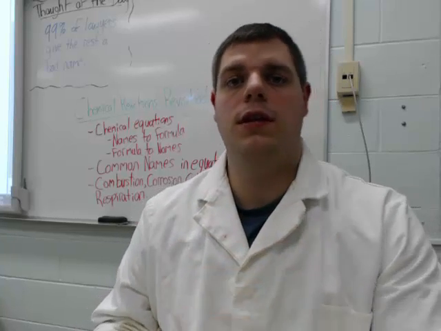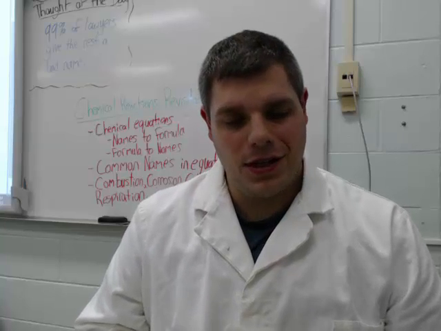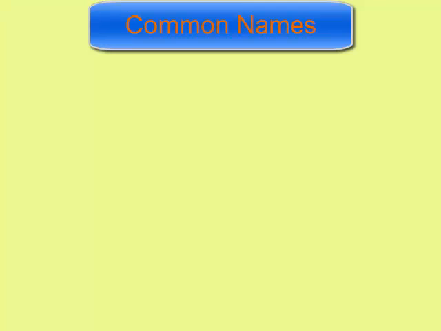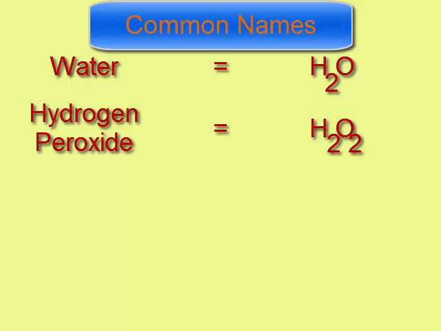So there's a few chemicals that you need to memorize. Unfortunately, you need to know what's called their common names. A few of the ones that you need to know: water as H2O. You need to know hydrogen peroxide as H2O2. You need to know that salt is referring to sodium chloride, so NaCl.